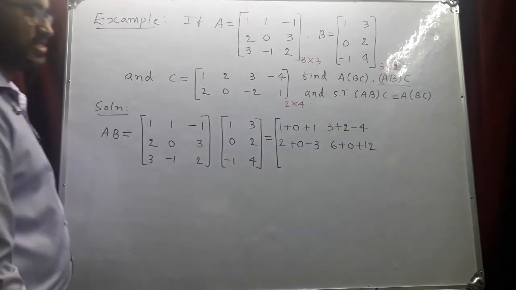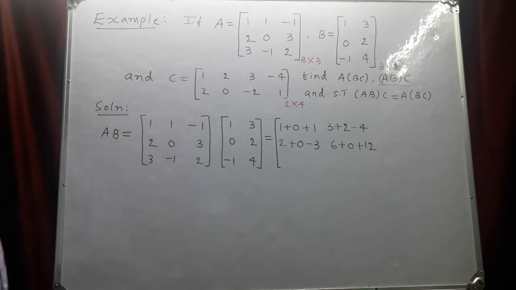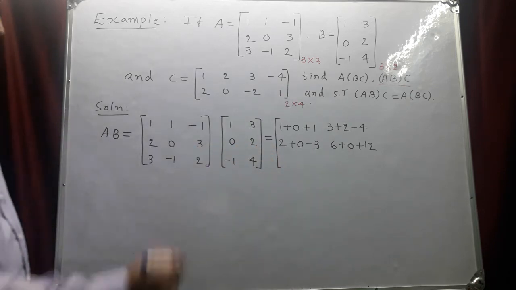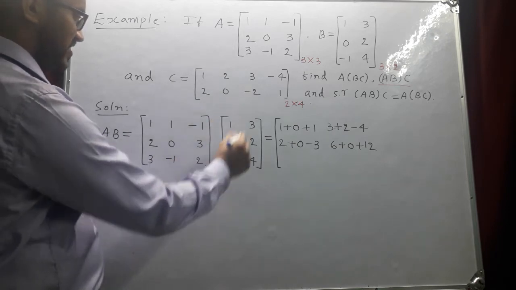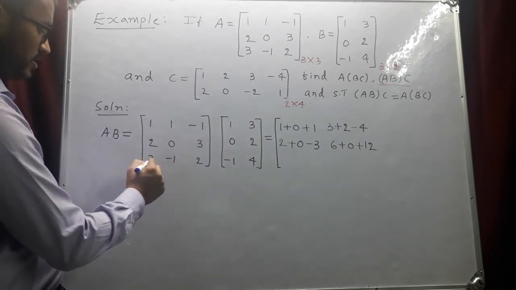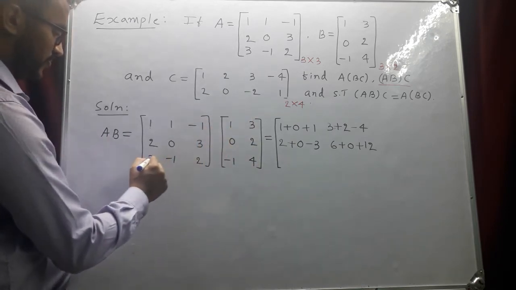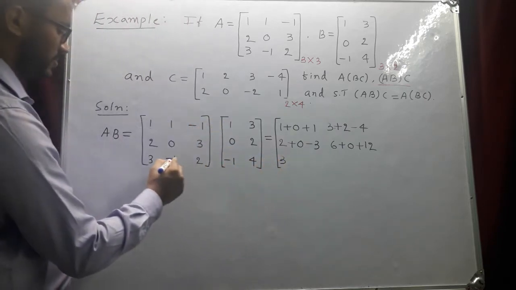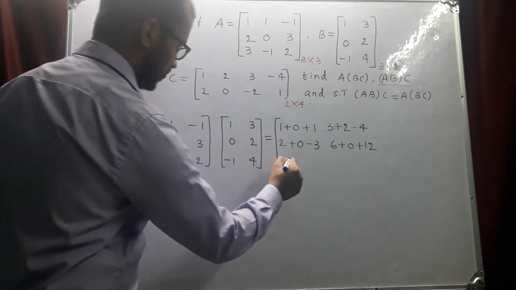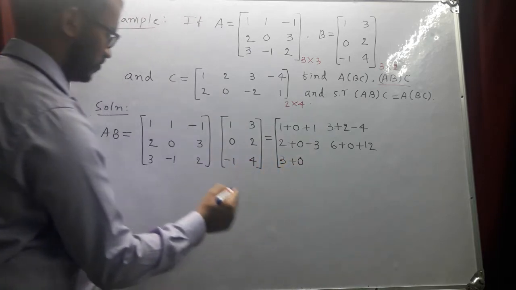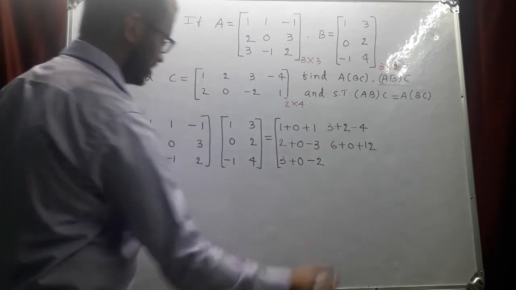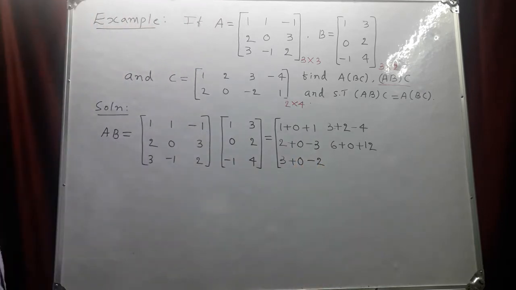So we got the second row elements. To get the third row elements of the product, consider the third row with different columns. Third row into first column: 3 into 1, 3, minus 1 into 0, that is 0, 2 into minus 1, that is minus 2.